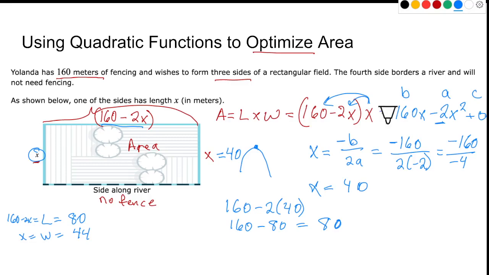Well, we go back to our original equation here. We plug in our 40 to this.